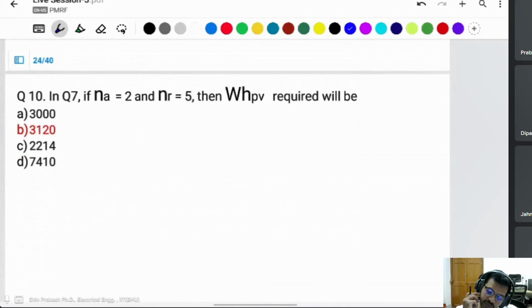Next, in the question, if Na is 2 and Nr is 5, then what will the PV required be?